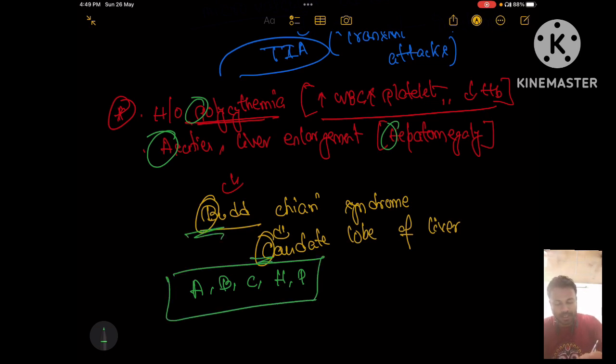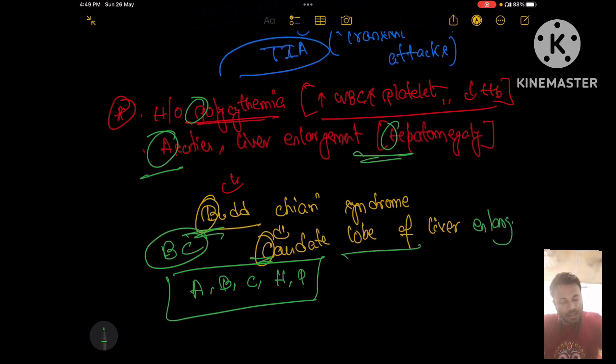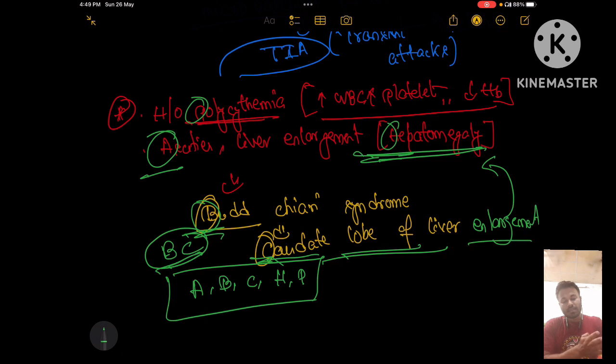So it is BC, Budd-Chiari, caudate lobe. There is ascites, hepatomegaly, caudate lobe enlargement. So it causes hepatomegaly. BC means Budd-Chiari syndrome, which affects the caudate lobe of the liver. With ascites and history of polycythemia present, it is Budd-Chiari syndrome.